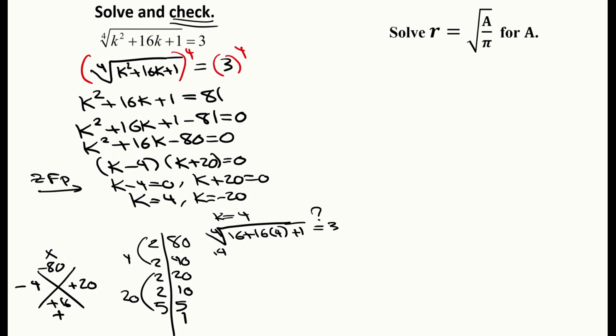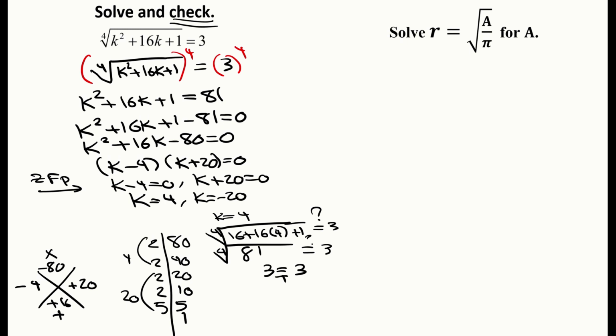So the fourth root of, that's 16 plus 64, which is 80, plus 1 is 81. We want to know if that equals 3. And as you know, the fourth root of 81, or the number you need to raise to the power of 4 to get 81, is in fact 3. So we get 3 equals 3. So that made it true.